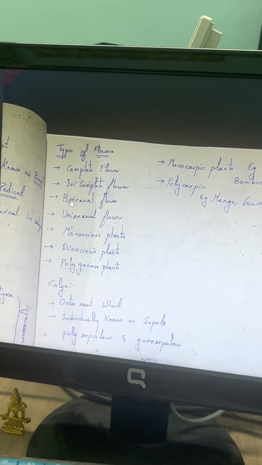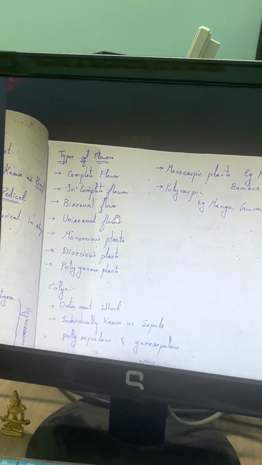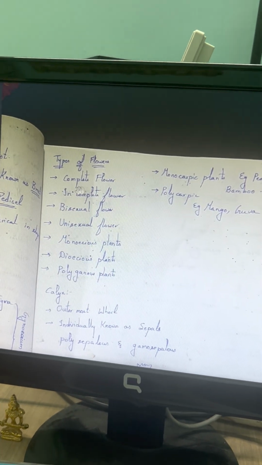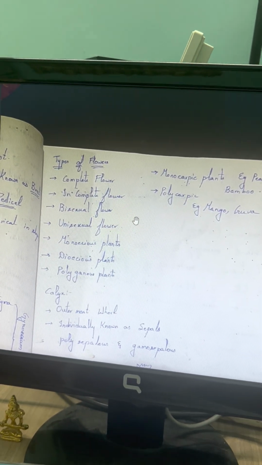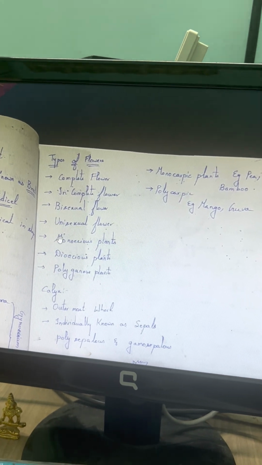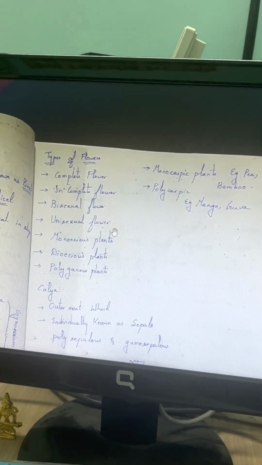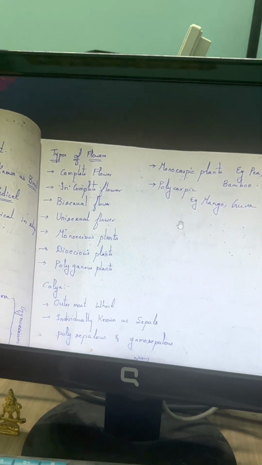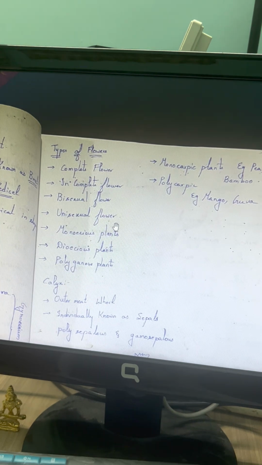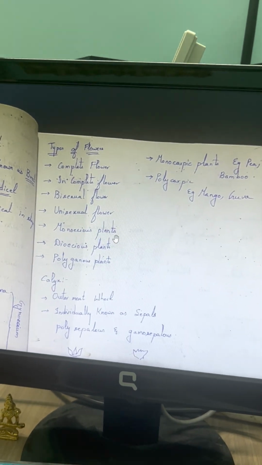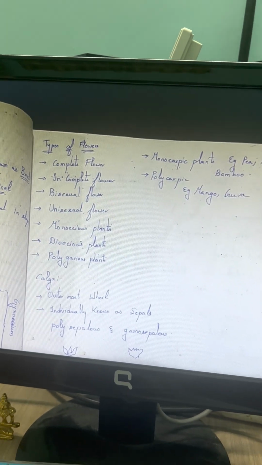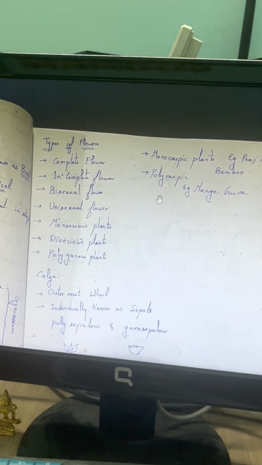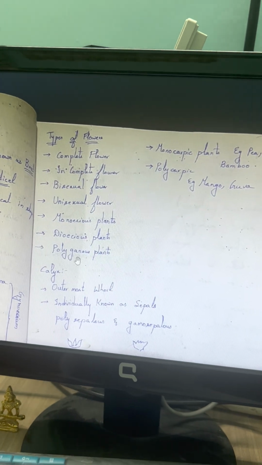Bisexual flower means when we have both male and female parts in a single flower. Unisexual flower means when we have only a single androecium or gynoecium in a flower. Next, monoecious plant: when a plant bears both male flowers and female flowers, then it is monoecious.